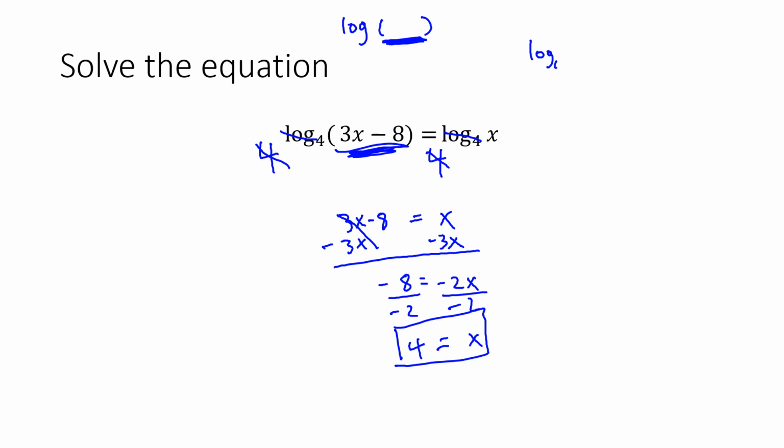So we have log base 4 of 3 times 4 minus 8. This is log base 4 of 4, since 3 times 4 is 12, and 12 minus 8 is 4. So clearly, this will work because we have a positive argument here.